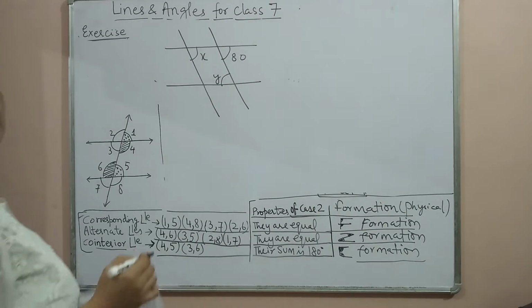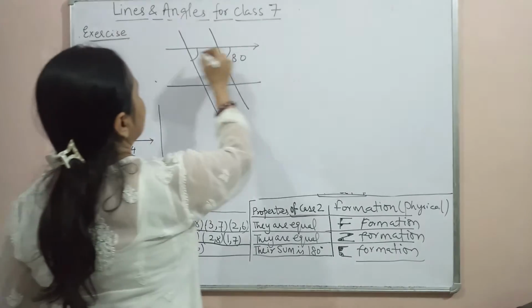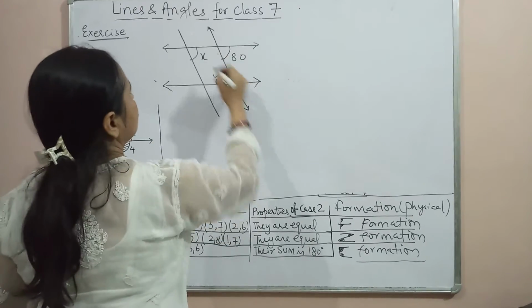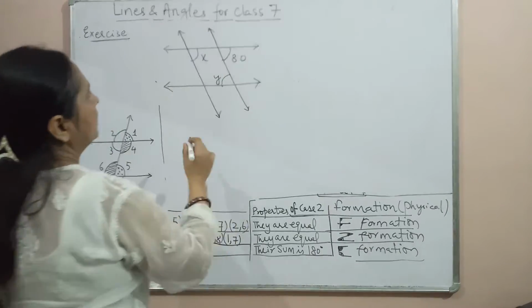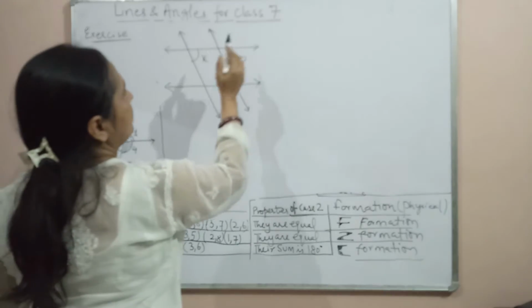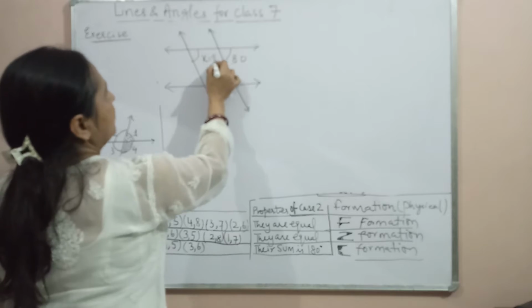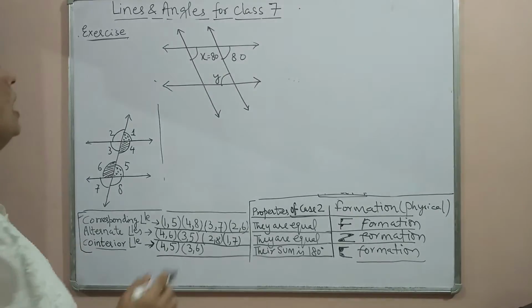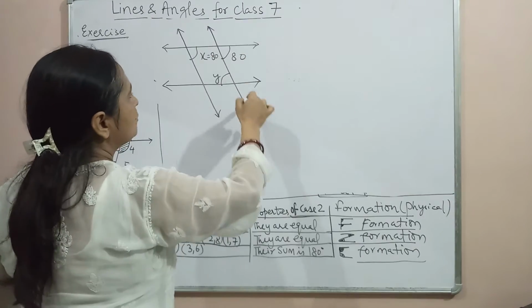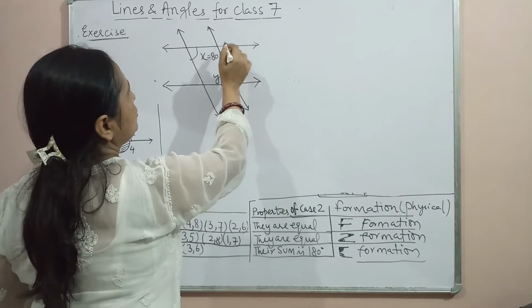Now we have to find the value of the unknown quantities. We all know that these two lines are parallel. This is cut by these transversals. Alright. Now if I consider these two lines cut by this transversal, x also becomes 80. Right? And if we consider this line and this line cut by this transversal, then we have a Z formation here.